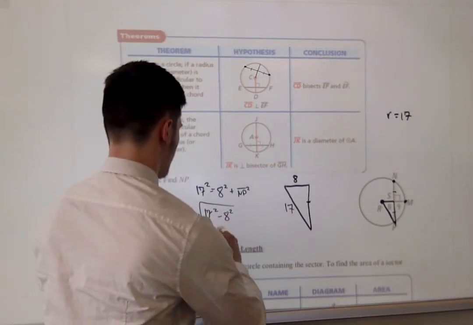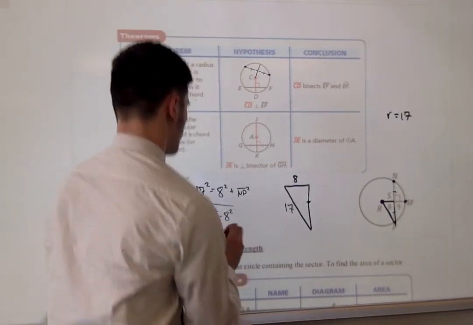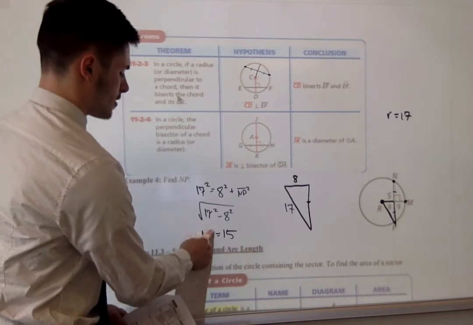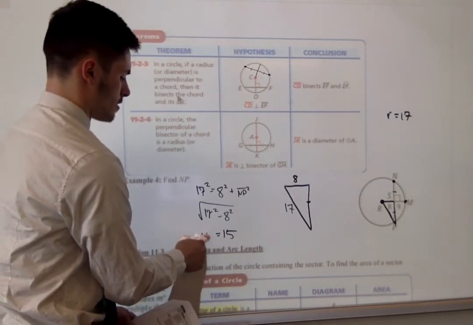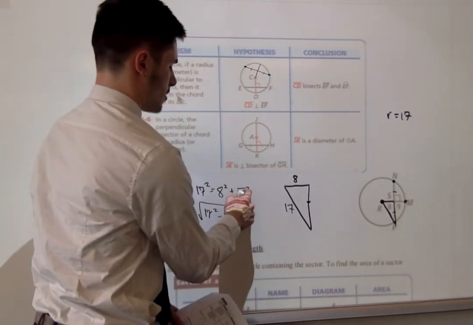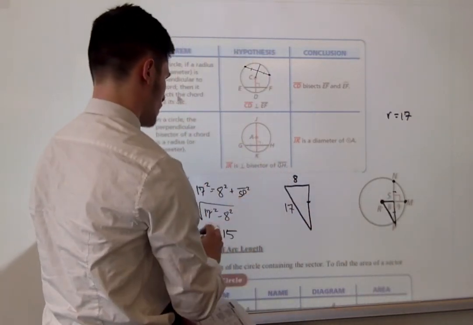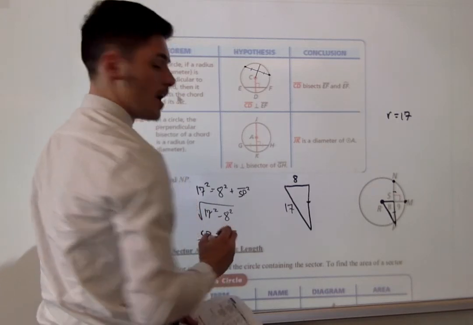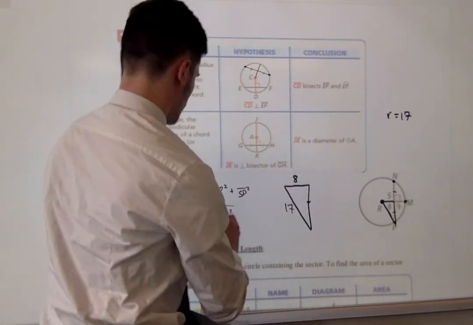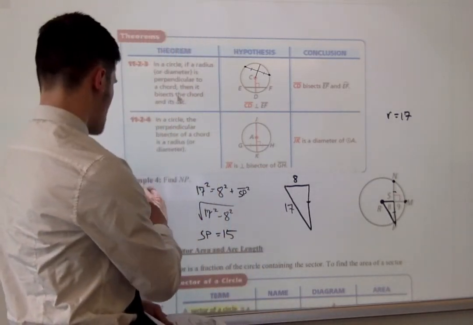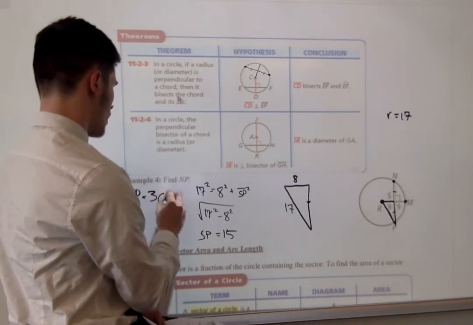So NP equals 15. And we know that, NP does not equal 15. That's not what we're trying to find. SP equals 15. And NP is 2 of those. So NP equals 30.